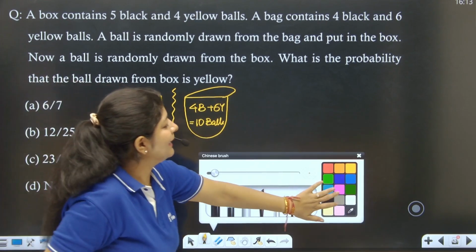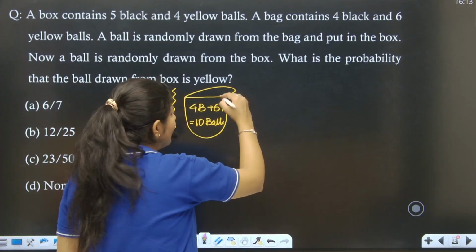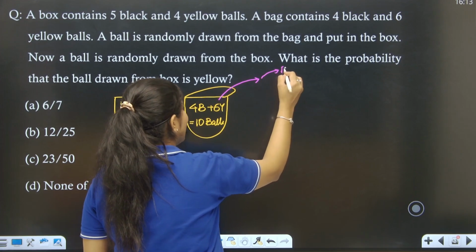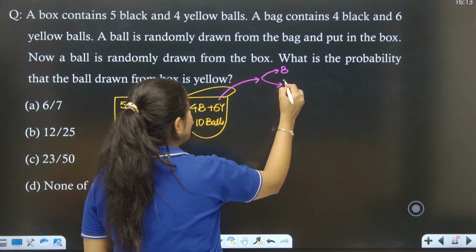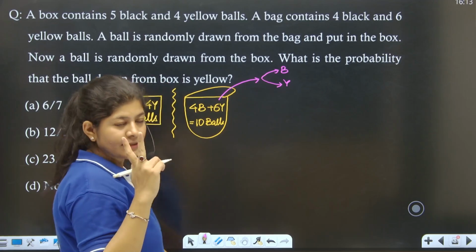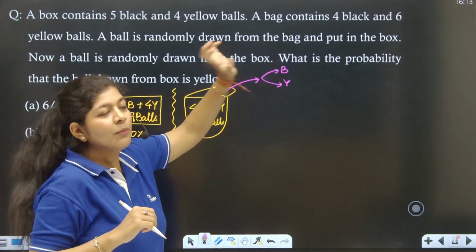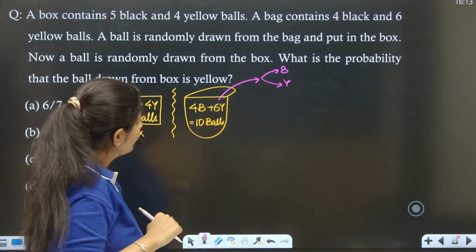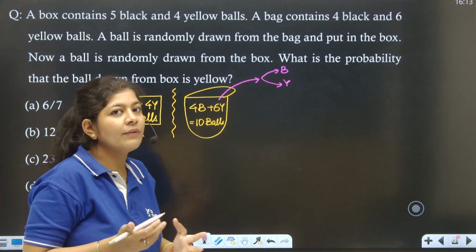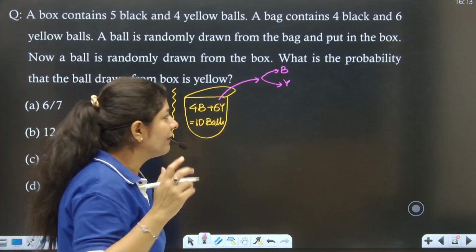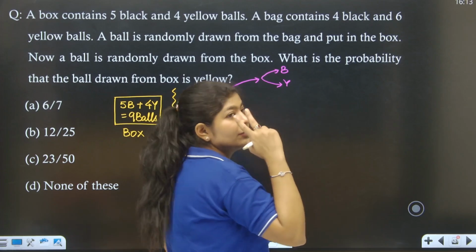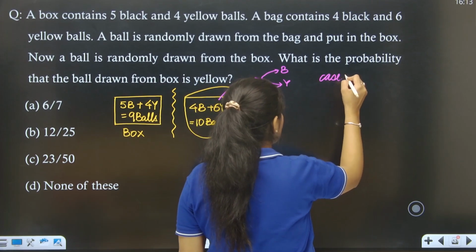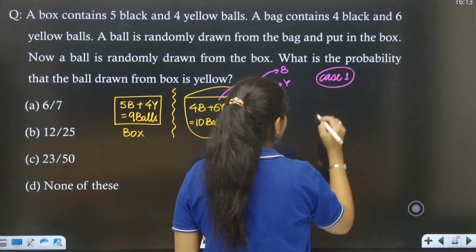If I'm taking out a ball randomly from it, there are two possibilities. It may be black or it may be yellow. Now, whatever ball we are having, we are putting that ball into the box. So first, let's try to figure out how many conditions we are having. In this scenario, we are having two cases: case one and case two.